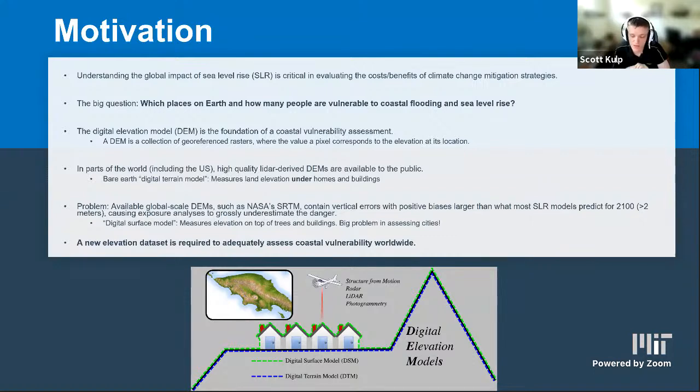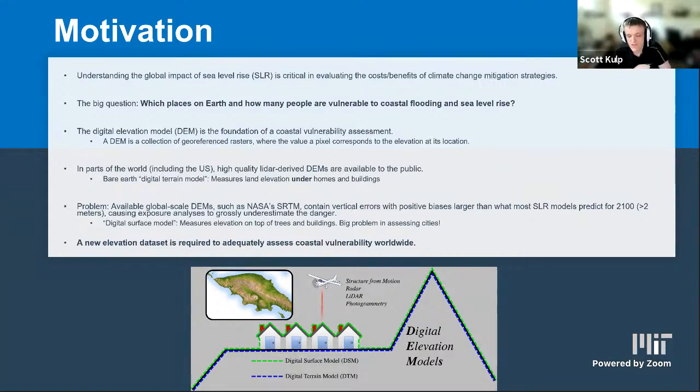With an elevation model, we can predict, if sea levels rise by a meter, that a location at an altitude of 0.5 meter might be vulnerable to sea level rise. So this is very, very important to our research.